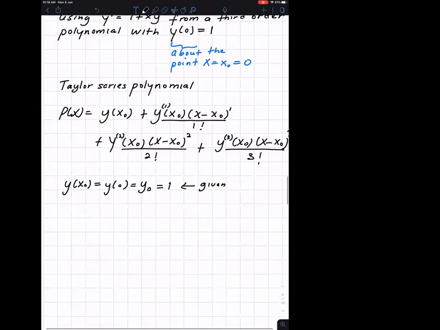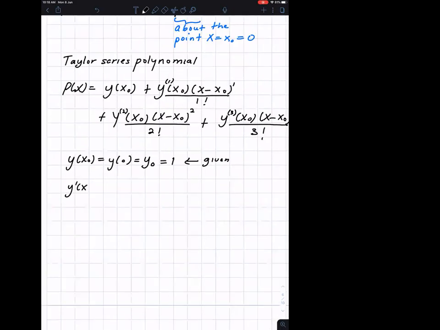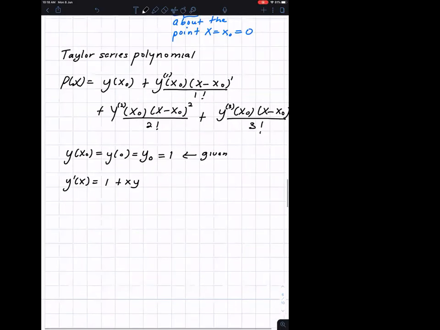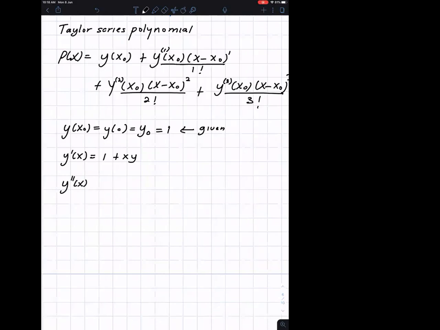Also given is y'(x) = 1 + xy. The second derivative of that is... you can just put this as y(x) or y, it doesn't matter.